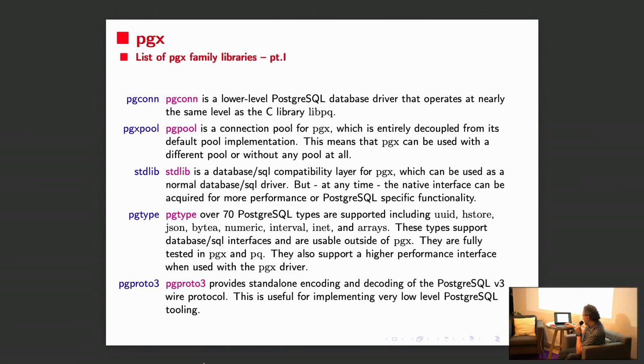Here again, this is the main list of PGX family libraries. I won't go through reading them. It's simple. There is a huge list of things that by default can be leveraged to obtain and optimize the specific functionalities that you want to invoke through Golang and the database of your choice.